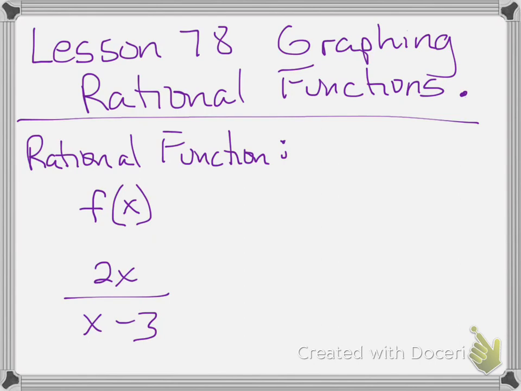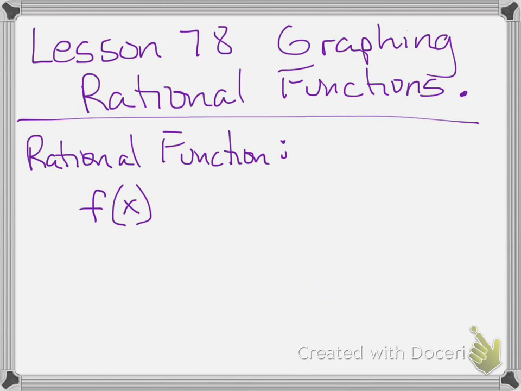What kind of questions did we ask related to 2x over x minus 3? What are the excluded values for x? So what can x not be equal to in this? x cannot equal 3. That's going to play into this lesson. All right, so this lesson is going to have expressions that look like that.